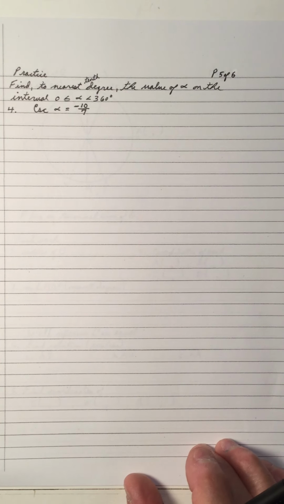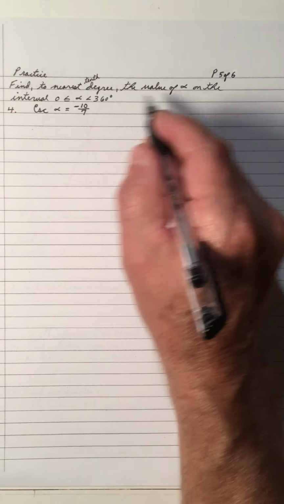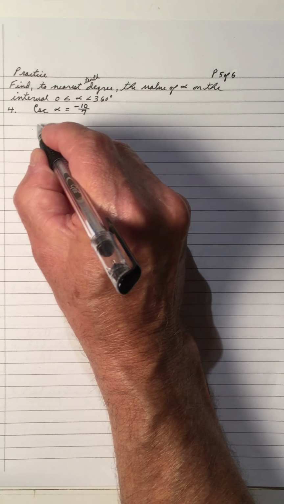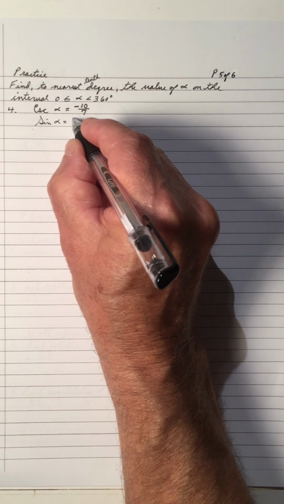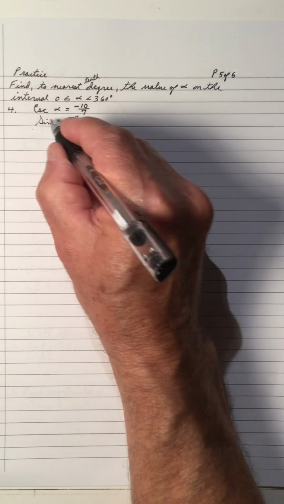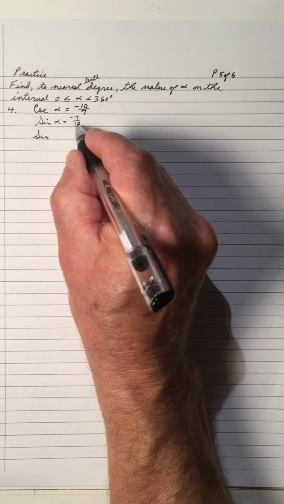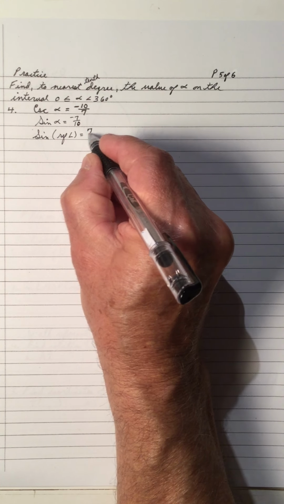And another one to do. Let's work with this one. Find to the nearest degree alpha on the same interval. But this time we have a reciprocal ratio. We don't want a reciprocal ratio, it's not on the calculator, but the reciprocal of cosecant, which begins with C, is sine. So the sine of alpha is 7/10, but is negative. Now, we notice that this is negative, so if I want the reference angle, I'll make the fraction positive, 7/10.